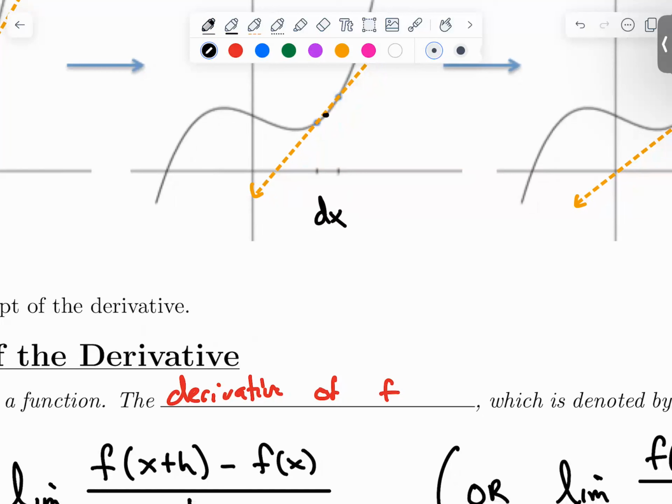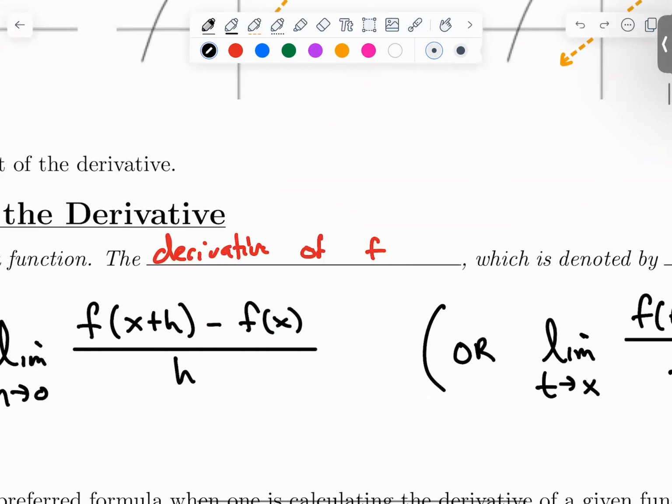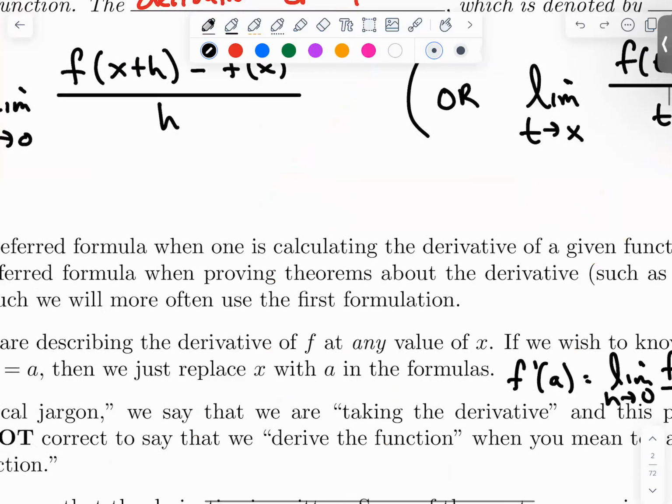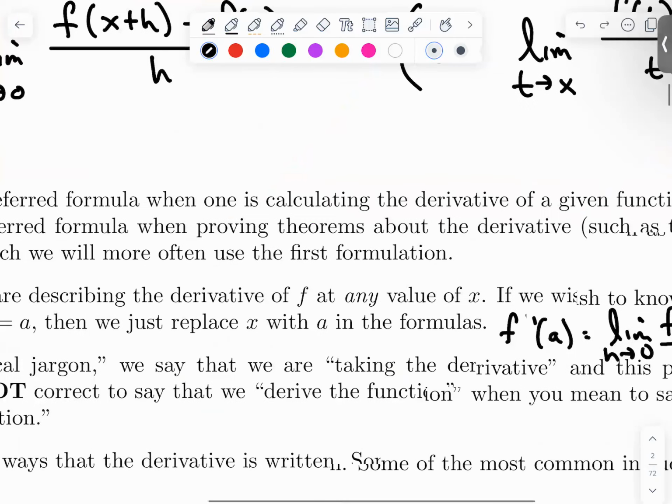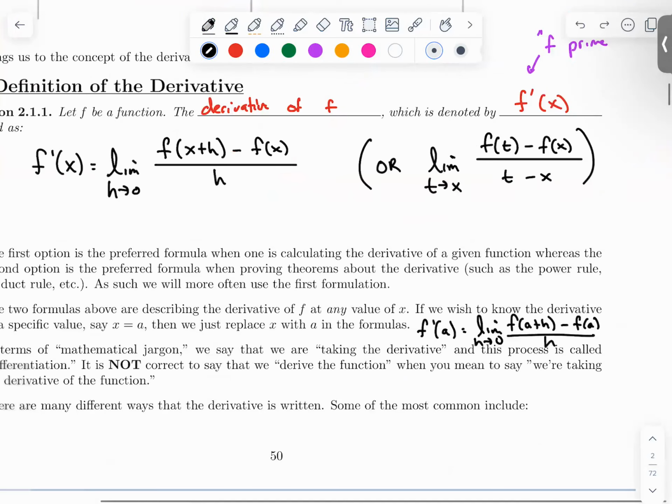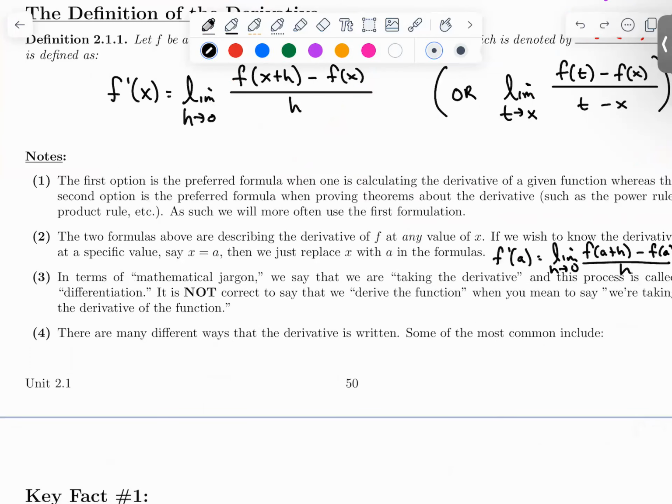So delta x is a finite distance. dx was talking about the infinitely small change in x, over an infinitely small change in y, which he called dy. So that is another notation. Leibniz was creating a calculus at the exact same time, and so he wrote it as dy dx. That is another way we write the derivative.